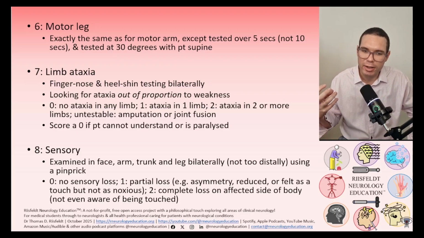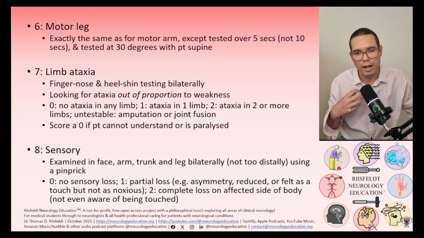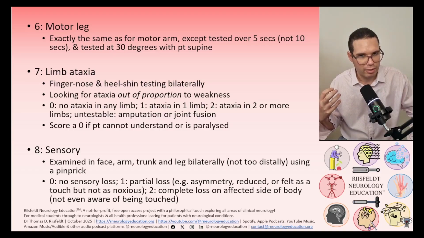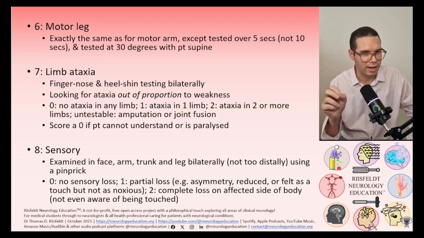But unlike for the power testing, if the patient is confused and can't cooperate with the assessment, or if they're paralyzed or obtunded and you can't examine for limb ataxia, then you score a 0 as opposed to scoring them points for being ataxic. So it's only if you actually demonstrate ataxia that you score them for that.